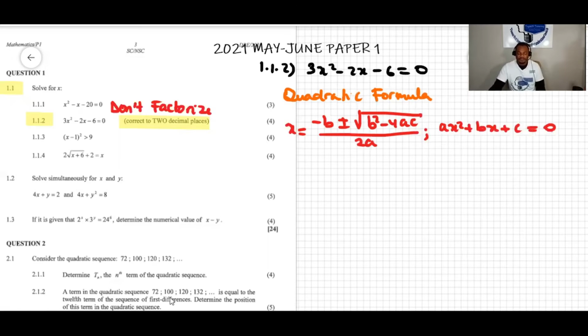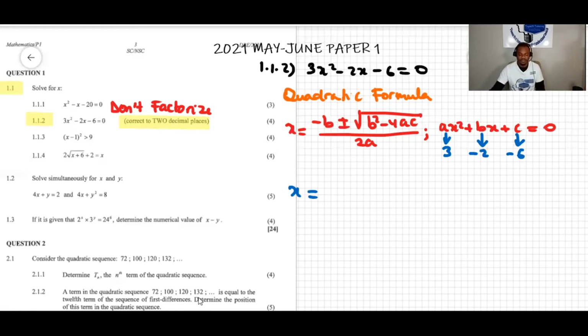Now we are going to identify the coefficients a and b, and the constant term c. From the given question, a is the coefficient of x squared, which is 3, and b is the coefficient of x, which is not 2, but negative 2, and the constant term is obviously negative 6.